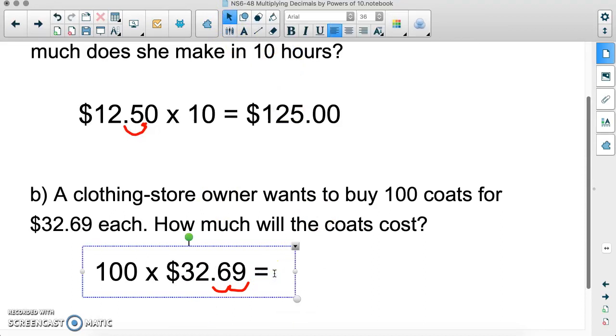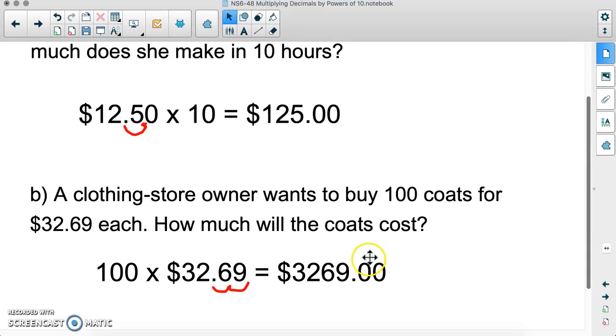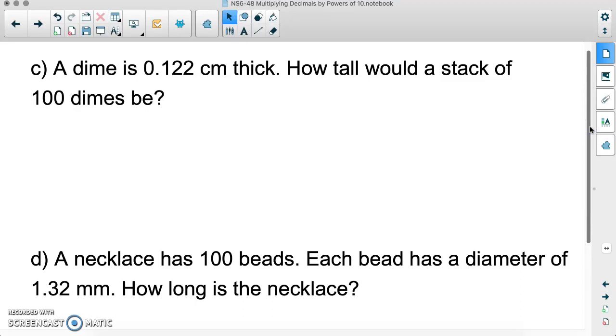So my answer is going to be $3,269. So I'm going to put decimal 00 to show that there's 0 cents. Why don't you give C and D a try on your whiteboards, and then you can resume your screencast to see your assignment for today's lesson.